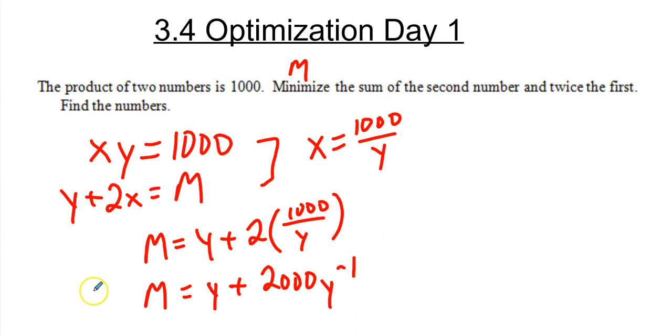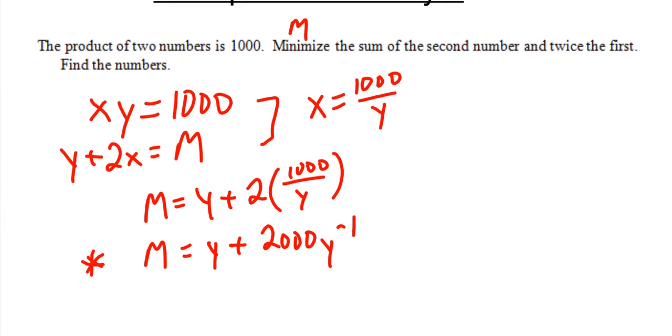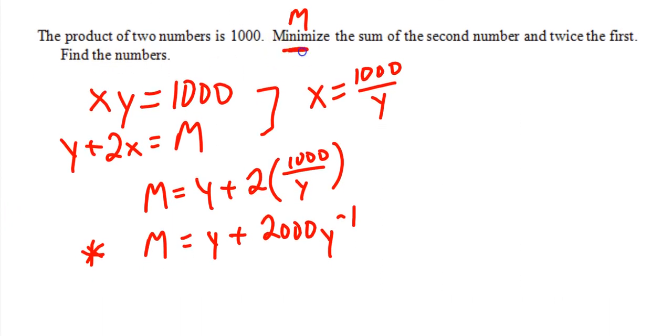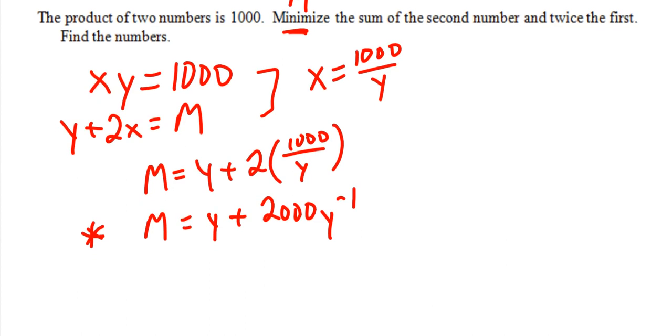Because what we want to do at this point is use our calculus and think about minimize. Where have we minimized before? Well, if we take the derivative and we set it equal to 0, that will give us our relative and or absolute max or min, so our extrema. Okay.